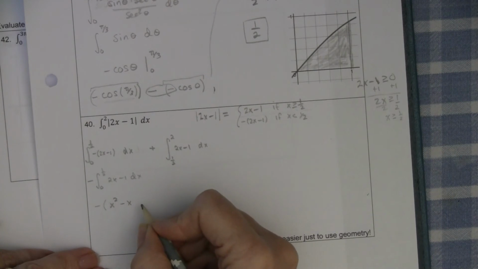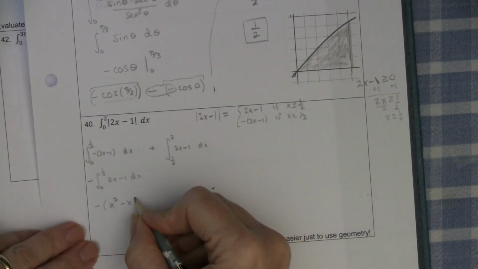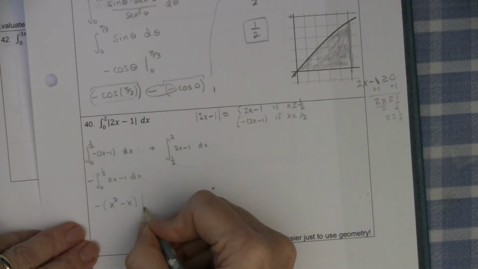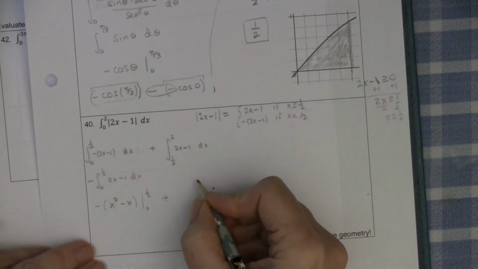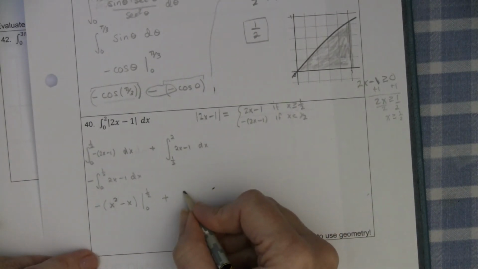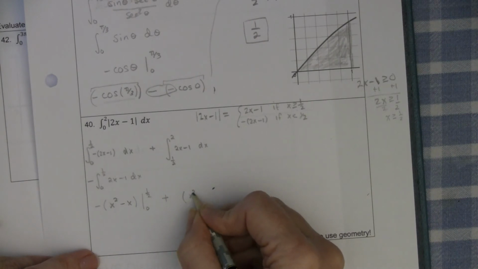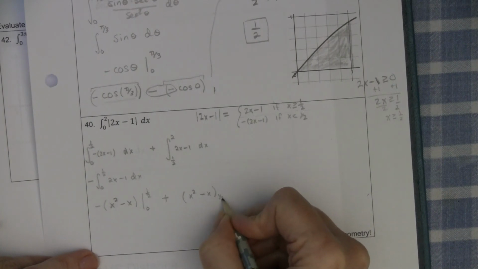And I don't have to put plus c because I have bounds, right? And I'm going to evaluate this from 0 to half. And then I'm going to add that with whatever I get here, which I didn't have to break into a piece. So this is x squared minus x from half to 2.